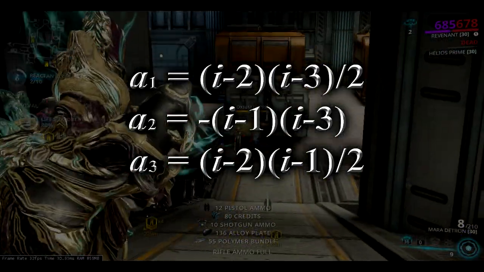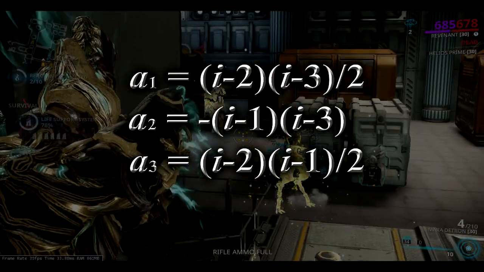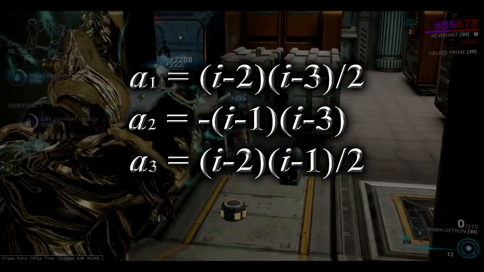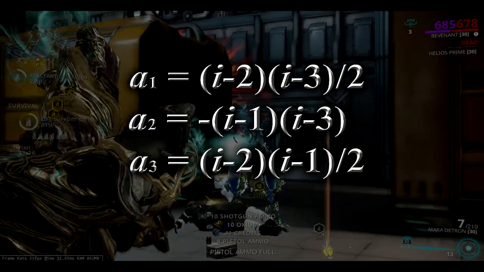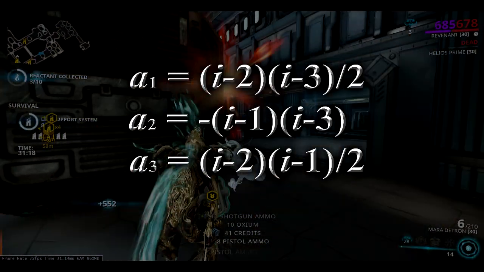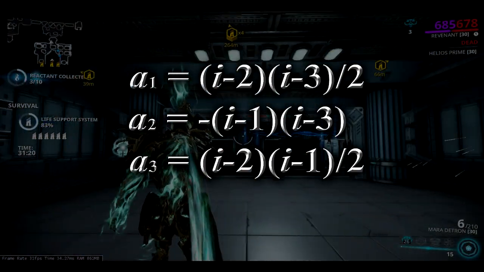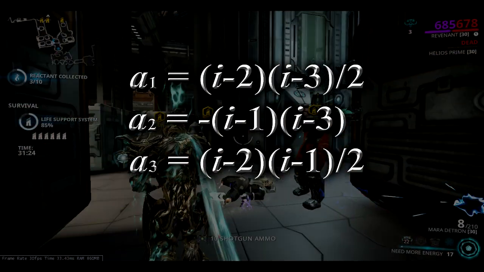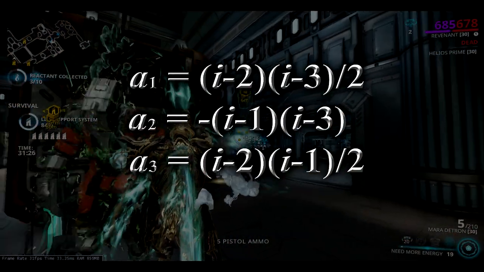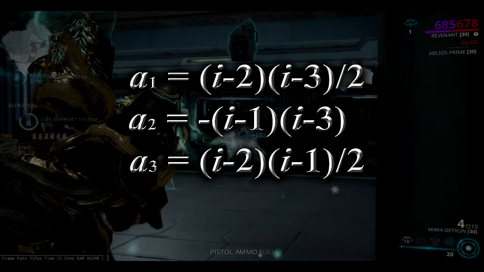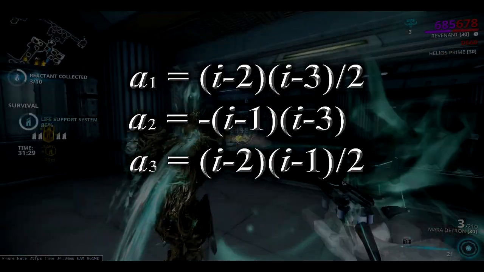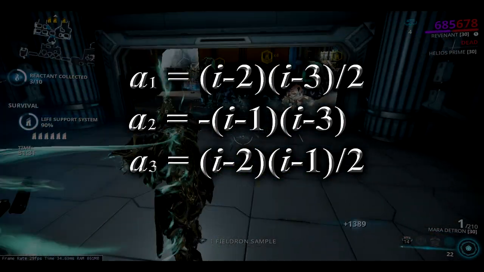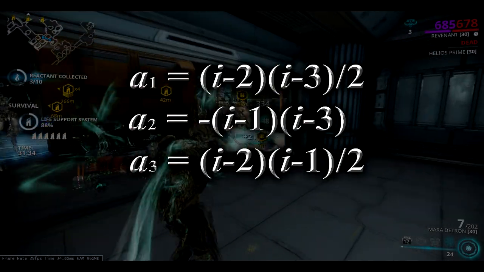Now, in order to get these, there were some really complicated algebraic manipulations, so I will just try to give an outline here. We need this entire function to be equal to 0 when i is equal to 2. For example, let's take a1. We need it to be equal to 0 when i is equal to 2, or when i is equal to 3.